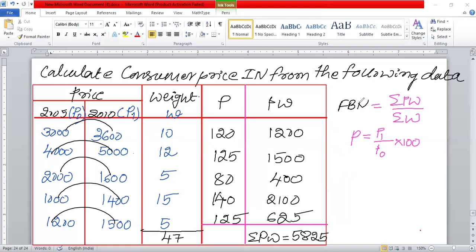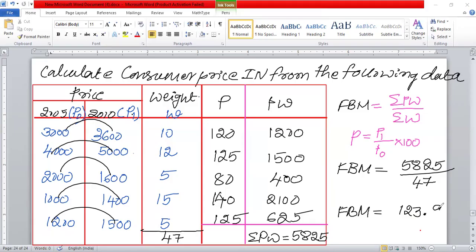The family budget method is equal to 5825 divided by 47. So divided by 47, we got 123.93. So family budget method is equal to 123.93. Okay, here's the final answer.